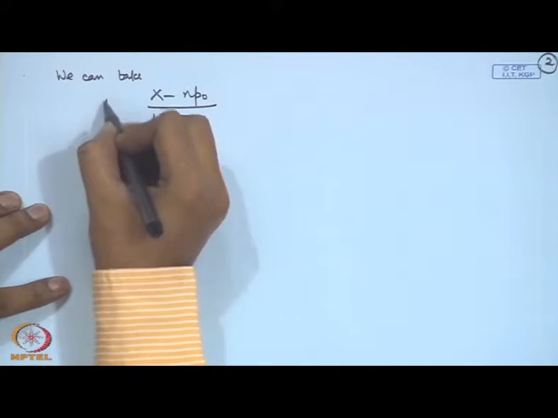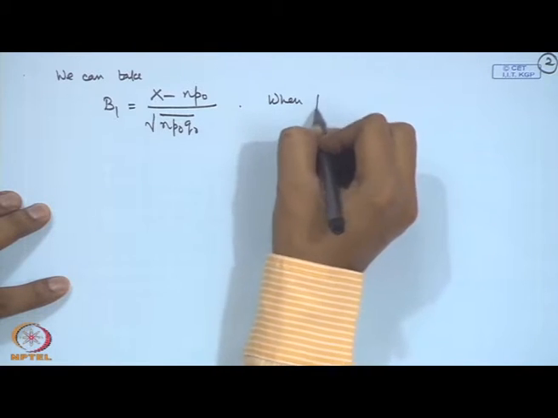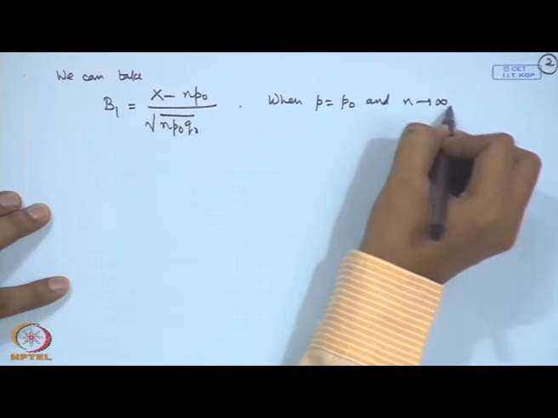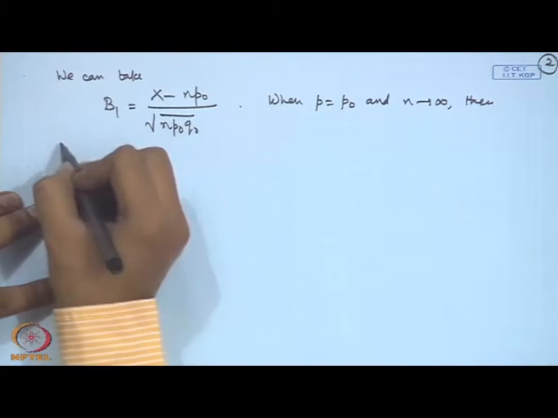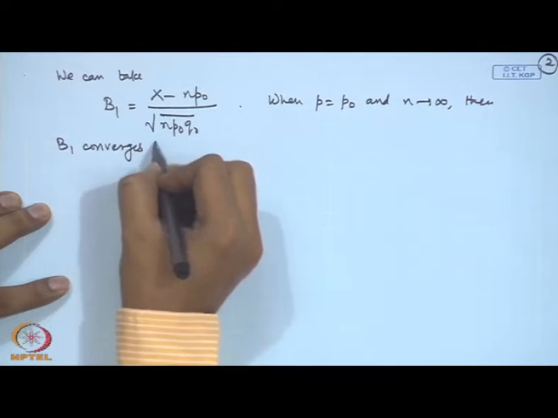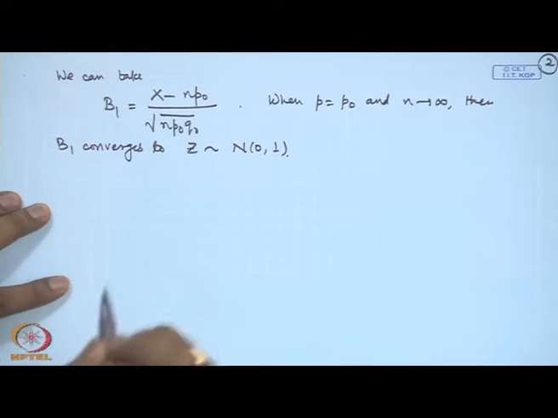Let us call it, say, B 1. When p is equal to p naught and n tends to infinity, then B 1 converges to Z following the normal 0, 1 distribution.